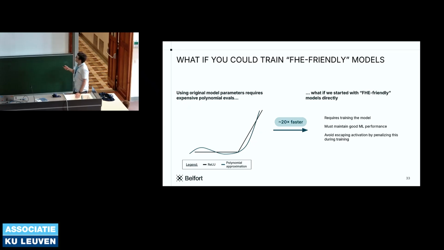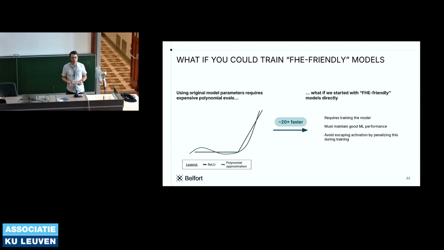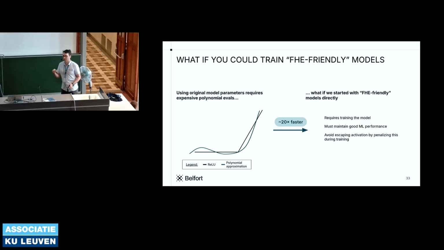And then the question is, if I replace my ReLU with a quadratic function or a degree 4 polynomial, will I maintain good ML performance, right? Because if I lose 10% accuracy because I replace my ReLU with a quadratic function, then that might not be a price that I'm willing to pay. My performance degrades too much, performance in terms of machine learning metrics.